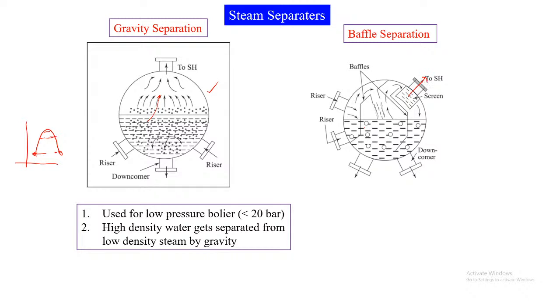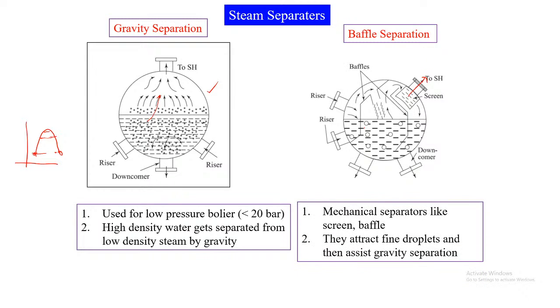But in this case the pressure is intermediate, not high and not so low. So there is a chance that some liquid droplets would also go. To avoid that, some barricades are made, and those barricades act as the separators. It's like the barricades we have on the road. These are the barricades on the road of the steam to get separated from the liquid water. This is what we call mechanical separation or baffle separation.